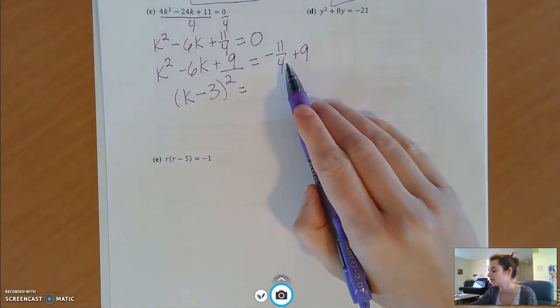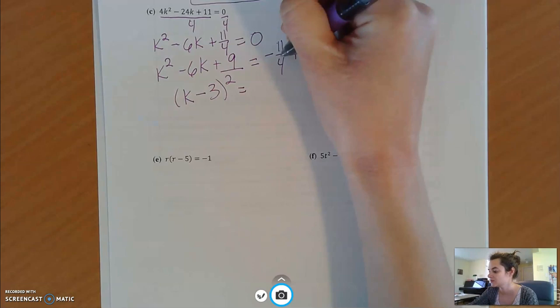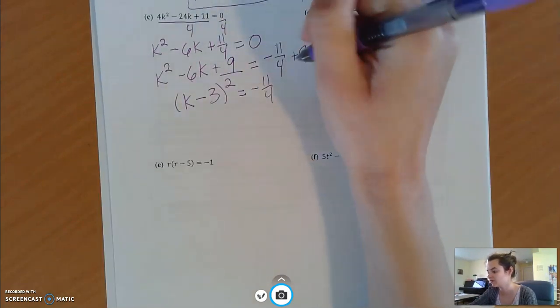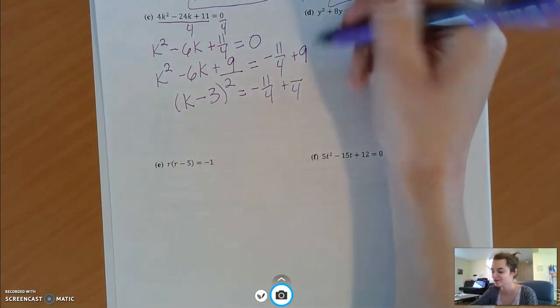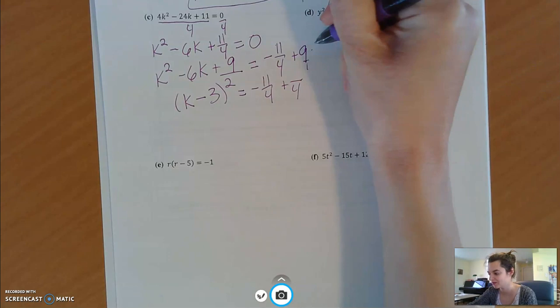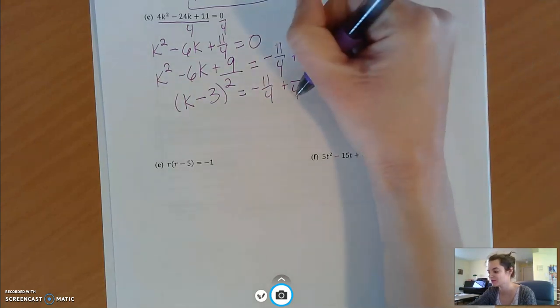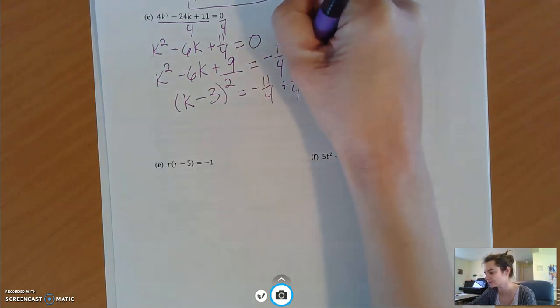Okay. On the right side, we do have a fraction, so normal fraction operation rules apply. We do need a least common denominator to add our fractions. Okay, so we have negative 11 over 4. My LCD would be 4. And 9 over 1, if it helps your brain a little bit, you multiply by 4 on the top and the bottom to get to that LCD. 9 times 4 is 36.